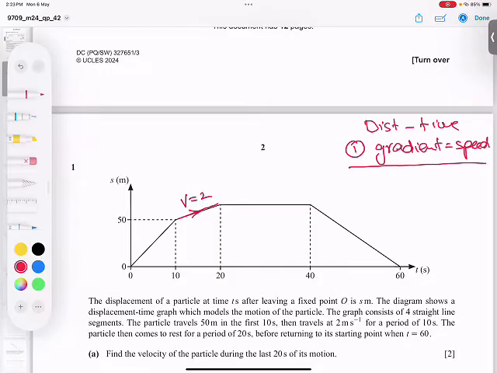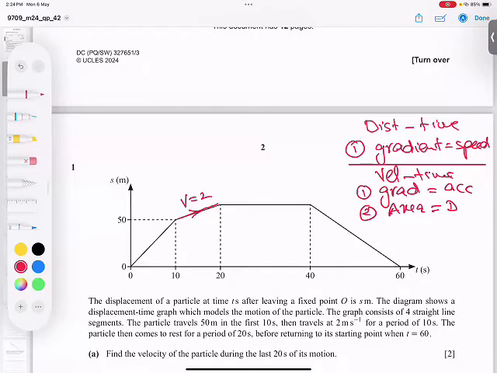For the velocity-time graph, we have 2 rules. Rule number 1, gradient represents acceleration, and area under the graph, under the lines, is the distance travelled. But currently we are discussing the distance-time graph.